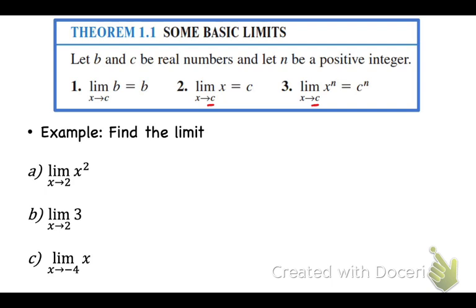So the limit of x squared as x approaches 2 would be 2 squared, which would be 4. That would be rule 3, wouldn't it? Okay. So the limit of 3 as x approaches 2 would just be 3. There's no x to plug into, is there?